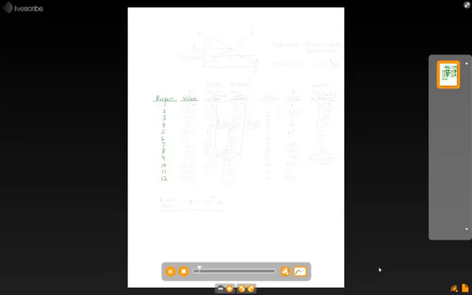The numbers that we're using for the values are going to be 16, 15.5, 15, 14, 13.5, 13, 12.5, 12, 11, 10.5, 10, and 9.5.